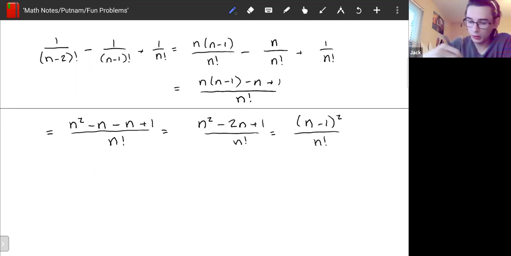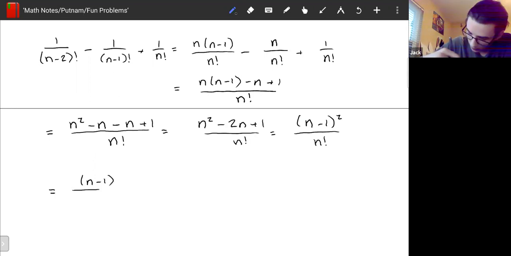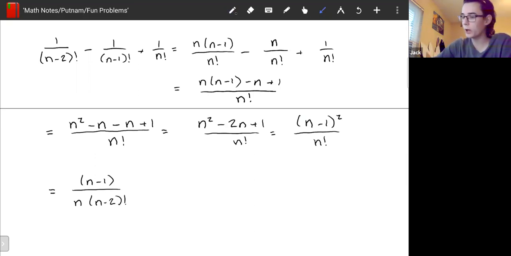And of course, that just leaves us with n minus 1 over n times n minus 2 factorial, right? Because right here, we're just going to cancel out a single one of these n minus 1 terms up here with the n minus 1 term that appears here. Okay, so now we have this right here. So this is what our coefficients are going to be in our Taylor series.